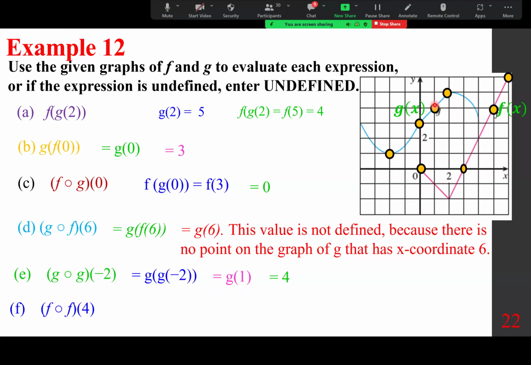f of f of 4, that means f of f of 4. Now, what is f of 4? Let's locate 1, 2, 3, 4 along the x-axis, and the f function is the red function.